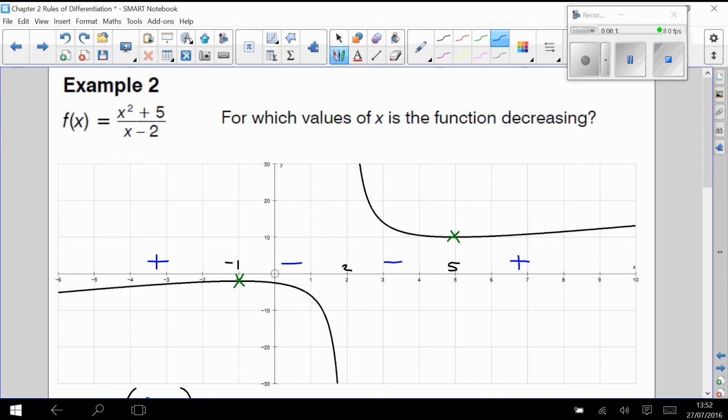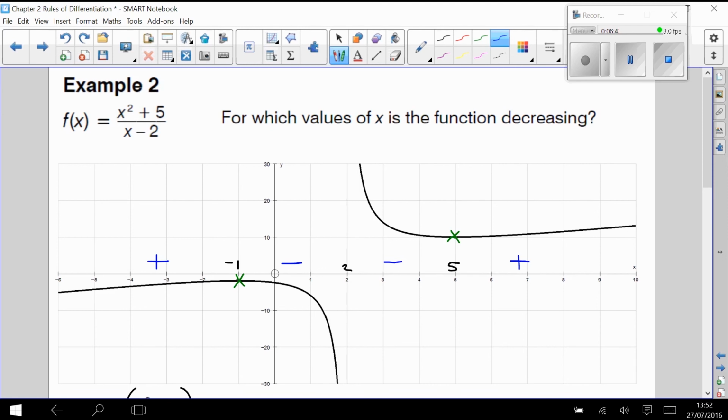What happened when x was 2? Can you see that there is an asymptote? And that is because I would have had a 0 denominator when x was 2. So I can tend towards that value without touching it. What happened when x was minus 1 or 5? At those two places, the gradient of my tangent would have been a horizontal line. In other words, my tangent would have had a 0 gradient.